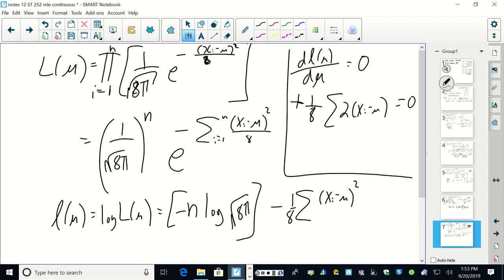Well, the 1/8 and the 2 as multipliers don't particularly matter. So you can put the 2/8 out front. The 2 can go out there. And so what we're really doing is seeing where is the sum of xi minus mu equal to 0. So it's a derivative step.